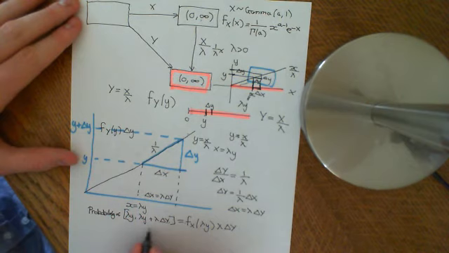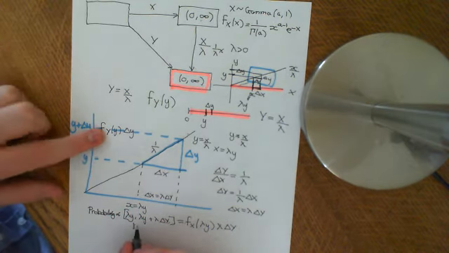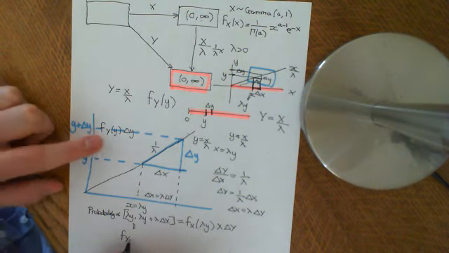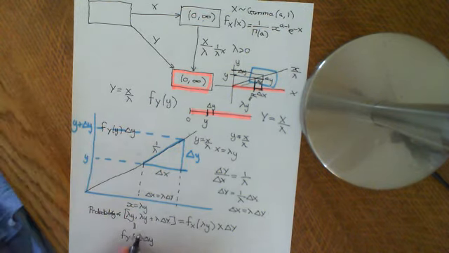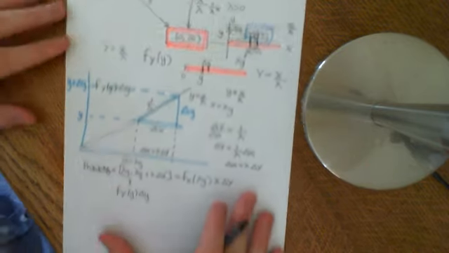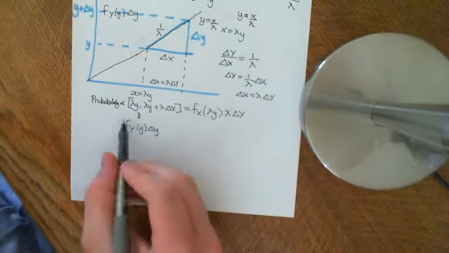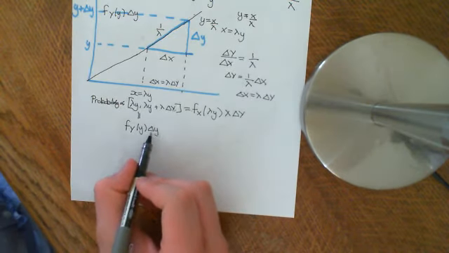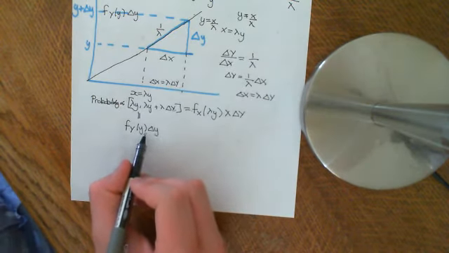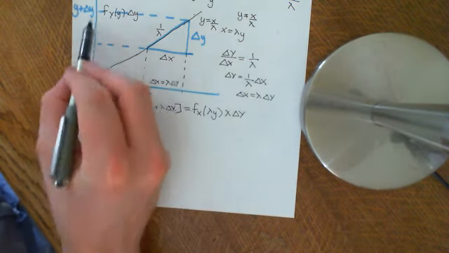Remember, the probability of that interval, by definition, was the PDF of big Y evaluated at little y times delta y. So we are trying to work out what this PDF should be. By definition, the PDF multiplied by a tiny interval delta y should give you the probability within that interval.